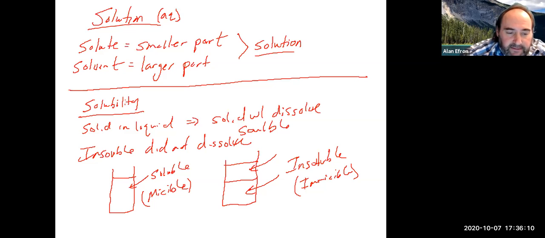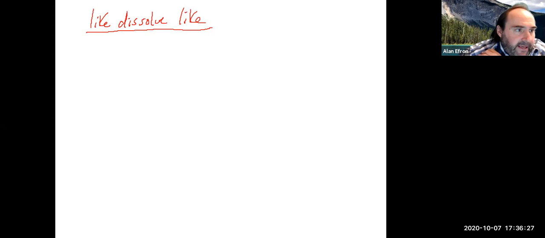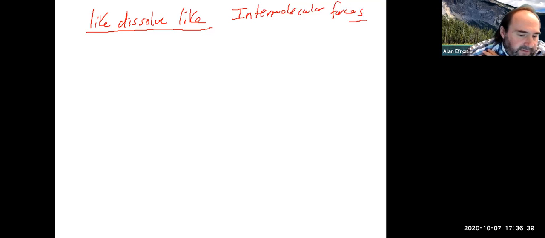And a lot of that has to do with a very common phrase that we talk about when we talk about solubility, and it's the idea of like dissolves like. Basically what that means is, in order for things to mix together and interact well with each other, we are dealing with those intermolecular forces, which means that if we get two things that have very similar intermolecular forces, they're probably going to mix really well.